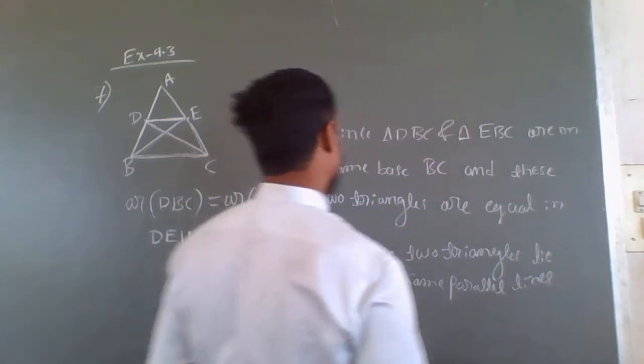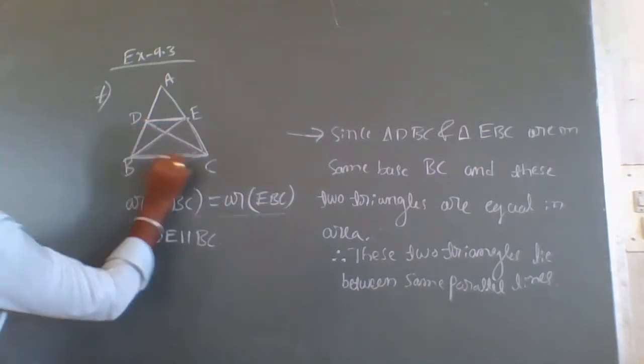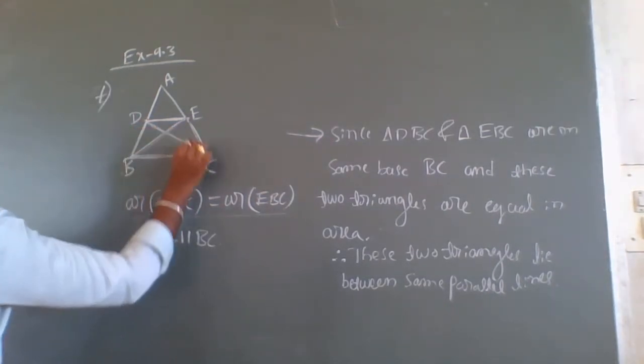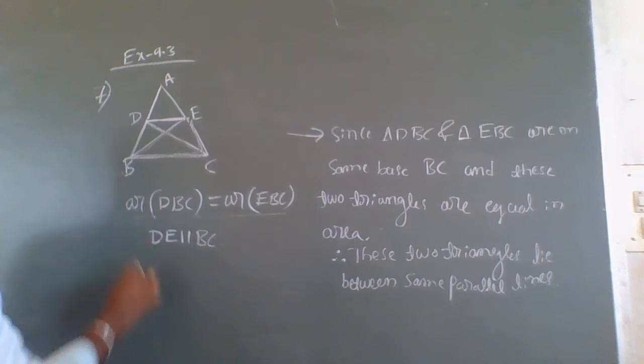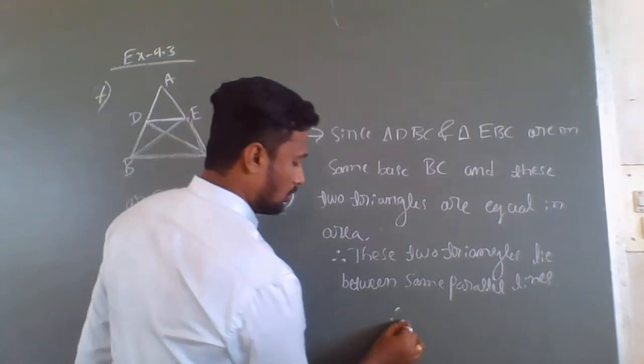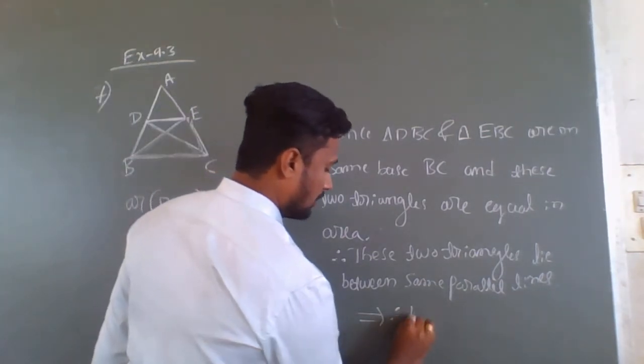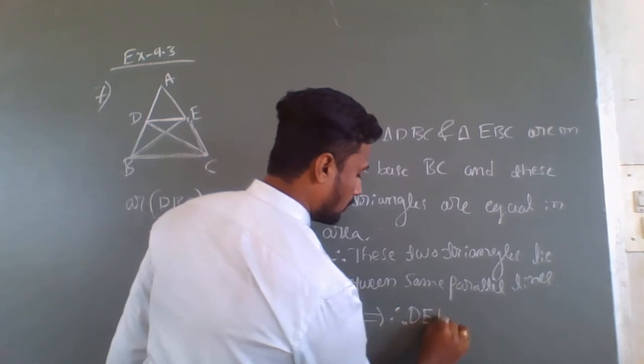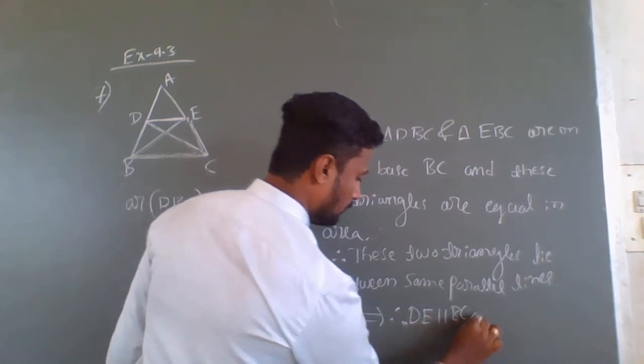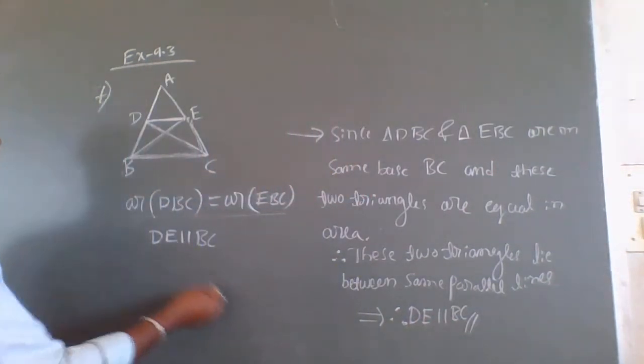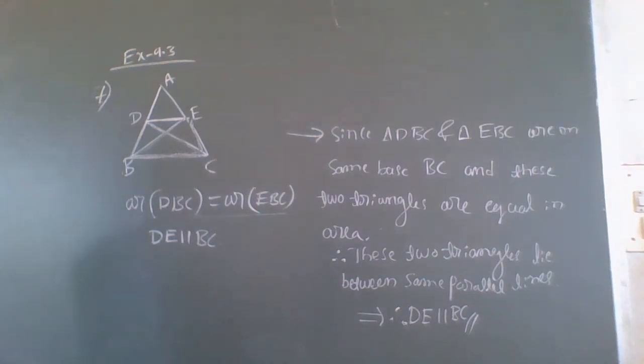So what are the parallel lines? You can see here these two triangles are between DE and BC. Therefore, below this you can write that DE is parallel to BC. We proved DE is parallel to BC.